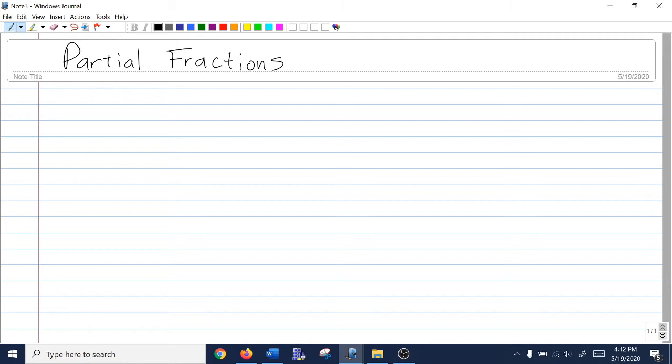Let's talk about what partial fractions does. If I have 1 over x minus 3 plus 6 over x plus 1, these are separate fractions, and we know how to add fractions. We need to get a common denominator. Our common denominator will be x minus 3 times x plus 1. The first one I add an x plus 1 to the top and bottom.